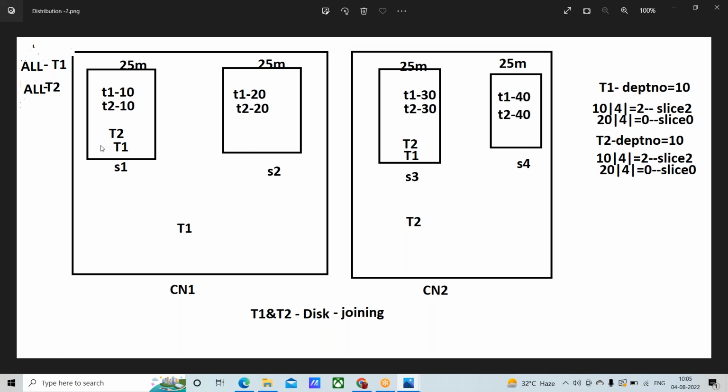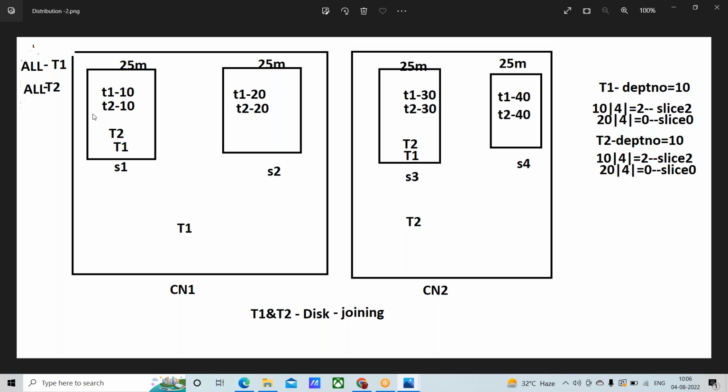Yesterday, I think Somnath asked one question. In case of ALL, if both the table copies are available in slice one of each node, node 1 has the copies, node 2 has the copies, and if you have 10 nodes, in every node in the first slice both copies are there.